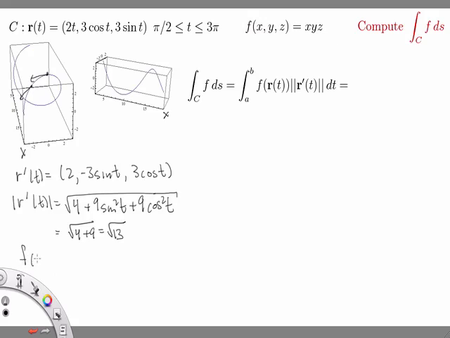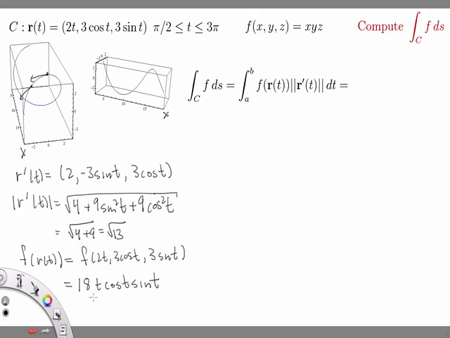So now we need f of r of t. That means we want f of 2t, 3 cosine t, 3 sine t. And so of course we just take the product of these three functions, and in the end we get 2 times 3 times 3 is 18, and then t cosine t sine t.